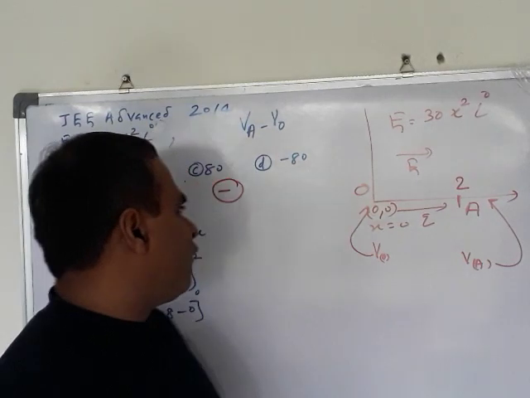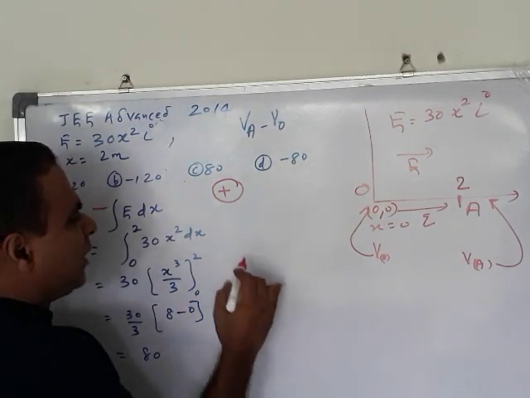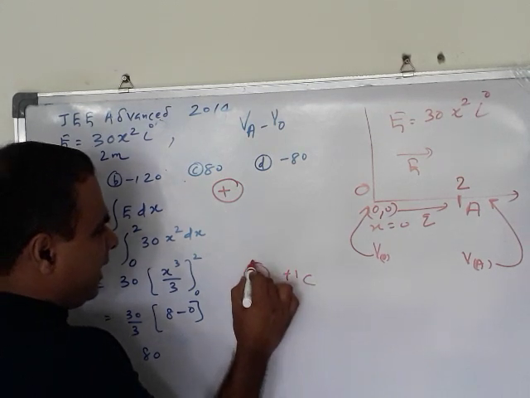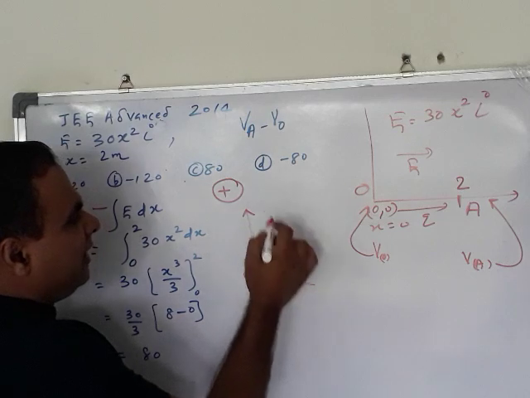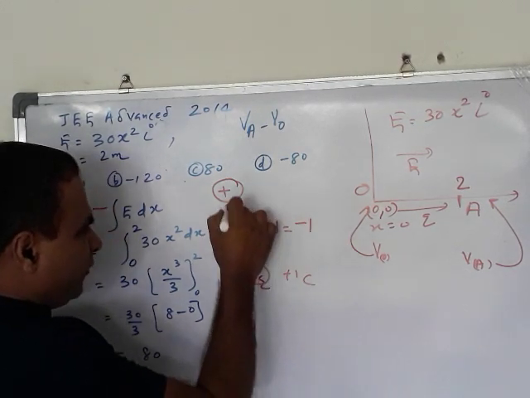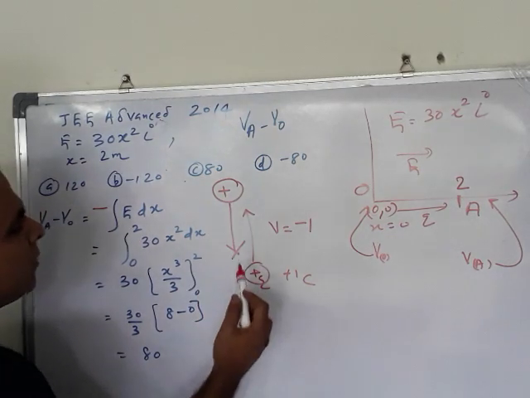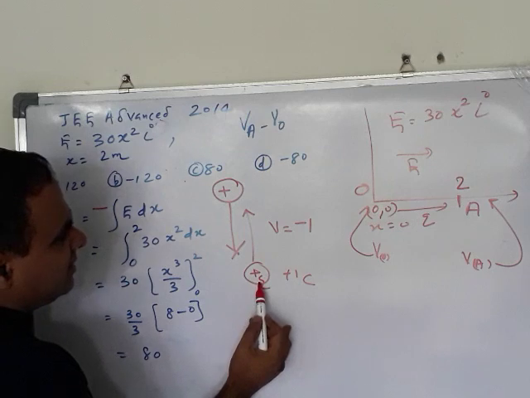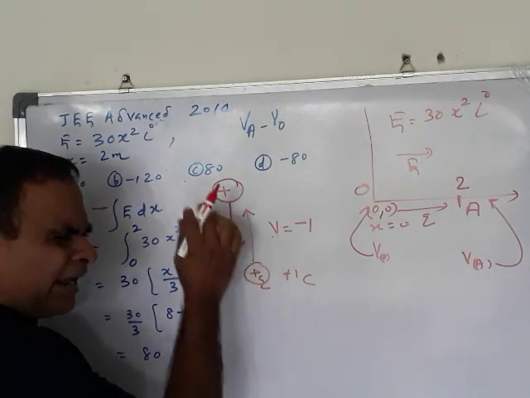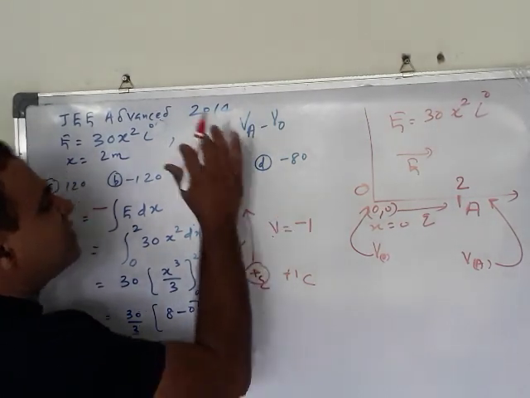So if you have a positive charge here and you move a unit positive test charge against the field, or against the repulsive force, then the potential is negative.